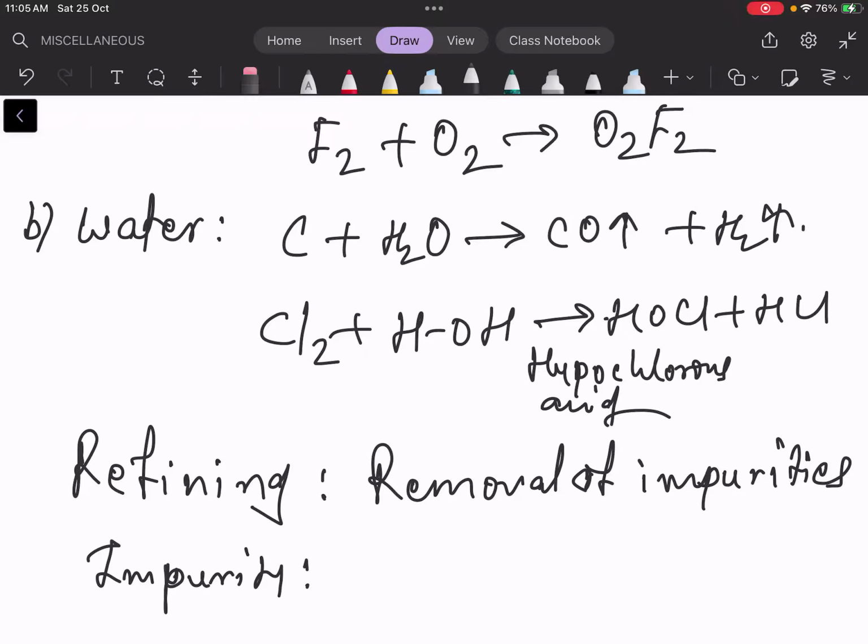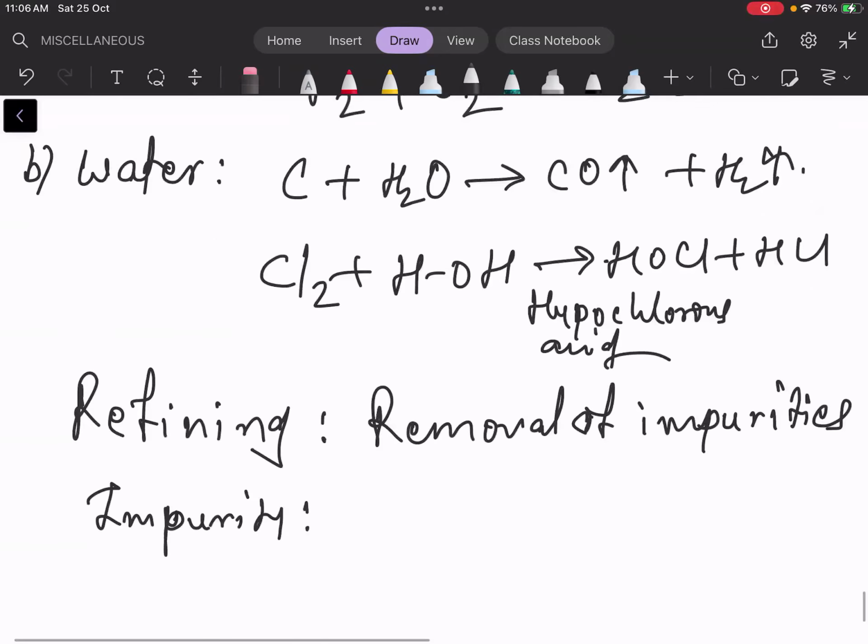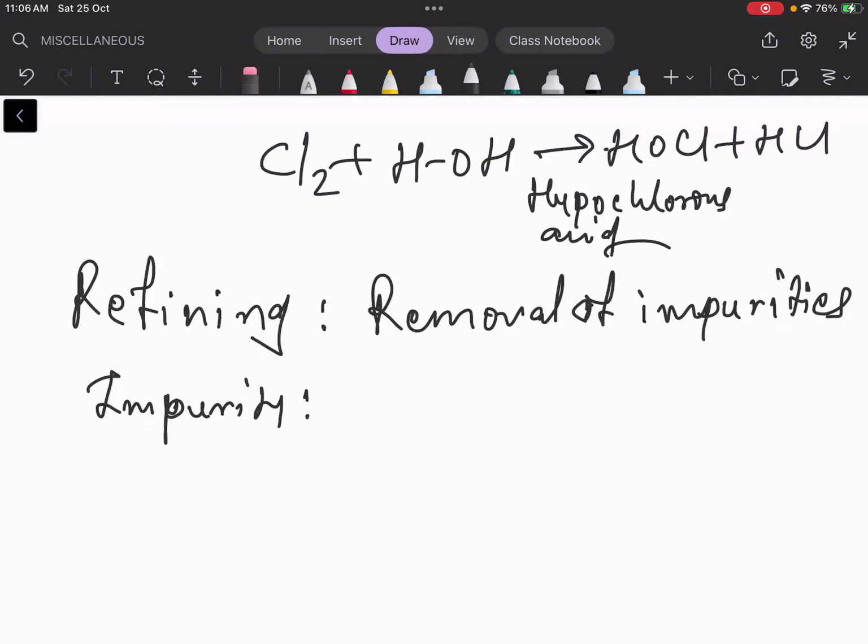This indicates that an impurity is a substance present in a trace amount, but it changes the properties of the main substance. Got it?